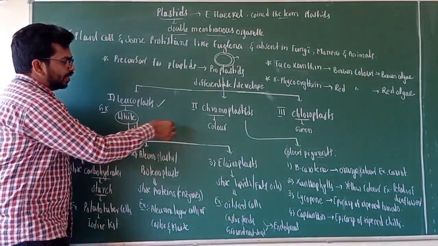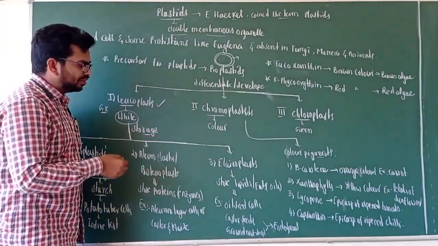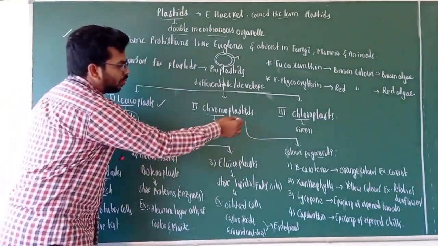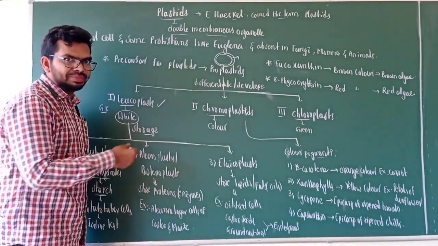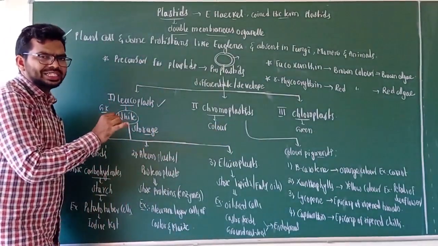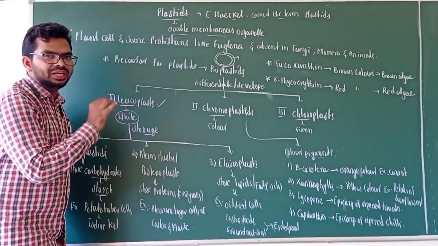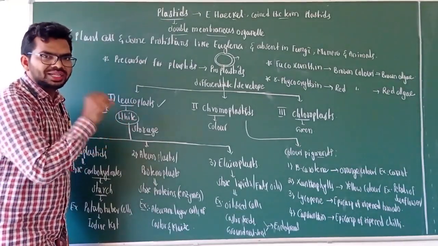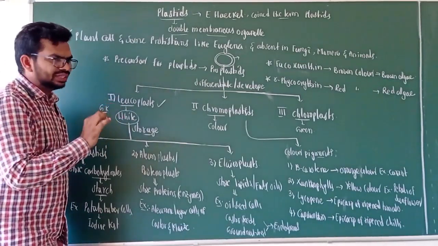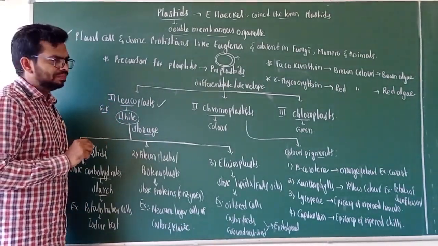Okay. And chromoplasts, you know very well, have the color pigments responsible for color in plant parts. Chloroplasts are the plastids which have green color, especially or exclusively seen in the leaf part as well as young branches or stems of plants. Those are light green in color due to the presence of chloroplast.